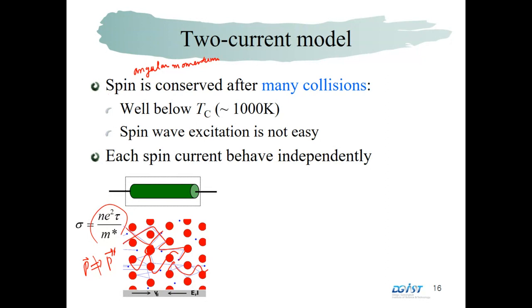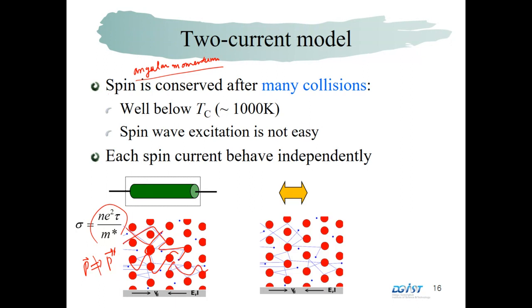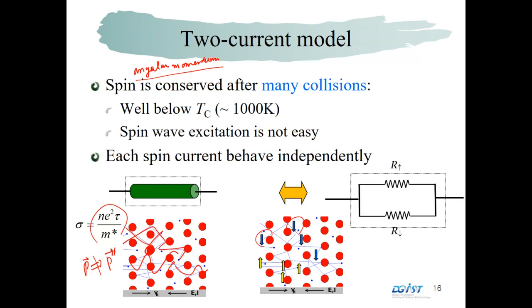But if we think about the angular momentum, because the ion has no angular momentum, after collision each spin keeps its angular momentum, because we cannot transfer the angular momentum to the ion. So with many collisions, they are still keeping the direction of the magnetic moment, the spin direction.